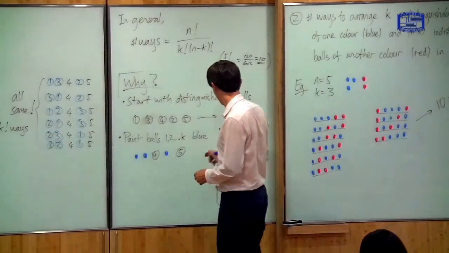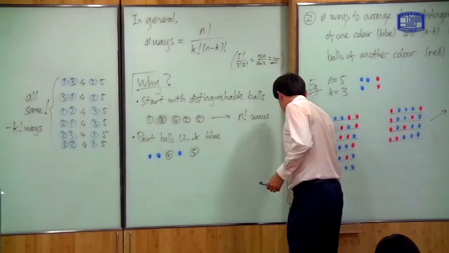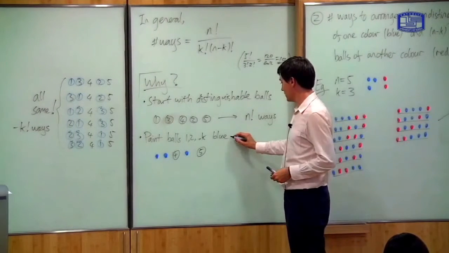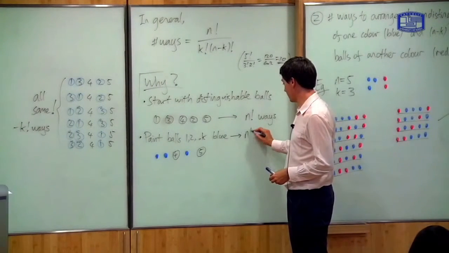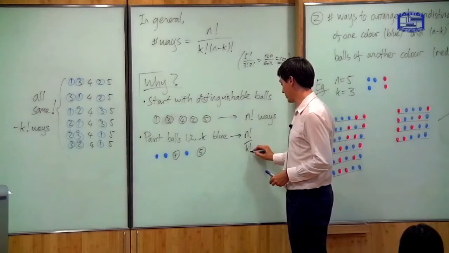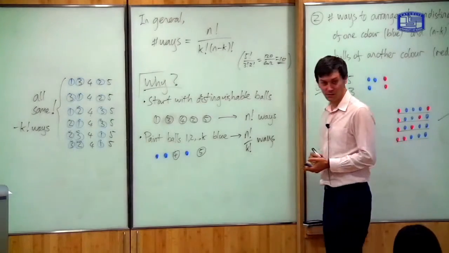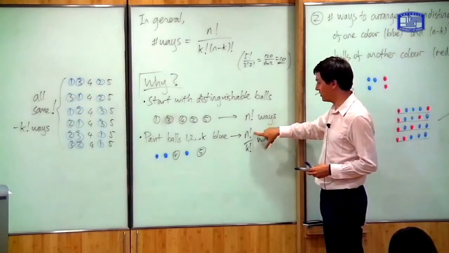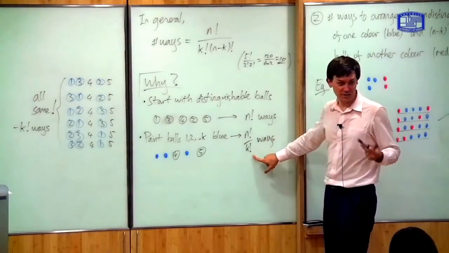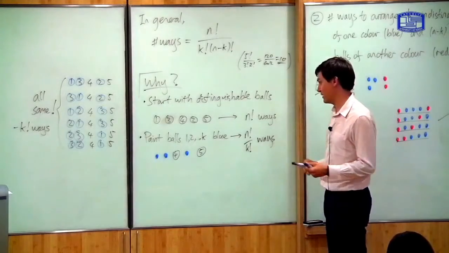Right? So after we've done this, this gives you n factorial divided by k factorial ways. Okay? Because we started out with n factorial, but k factorial of them are all the same. So we get that.